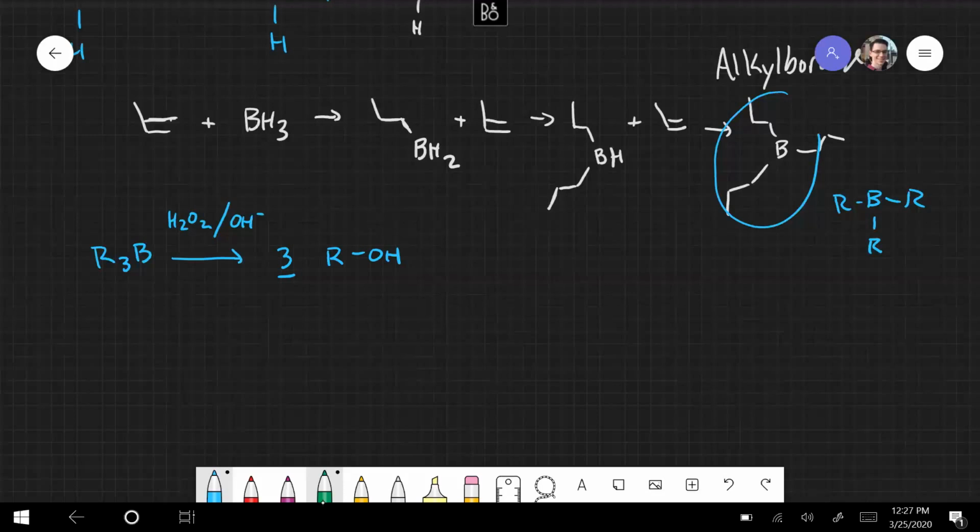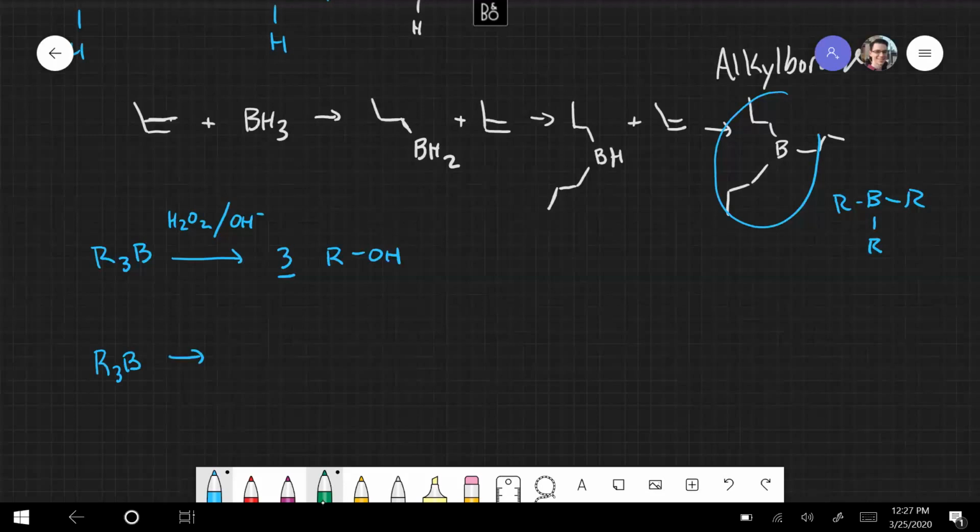One other thing we can do with these alkyl boranes is reduce them. Oxidation typically involves adding oxygen, such as adding an O in the OH. Reduction in organic chemistry generally involves hydrogen. So this can be reduced.